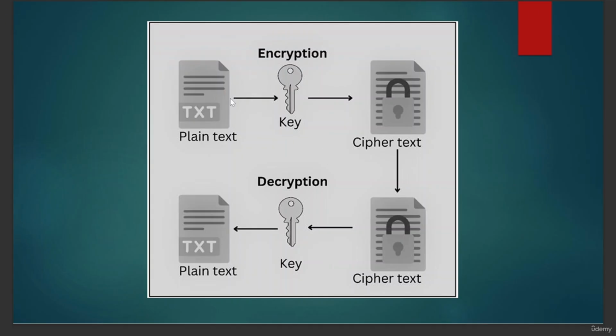Now, I have this picture over here. This is how encryption and decryption takes place. First of all, you have your plain text and then you apply a cryptographic key or an encryption scheme to this plain text to generate a ciphertext. And when you are decrypting, you apply the same cryptographic key or encryption scheme to the ciphertext to generate your plain text.